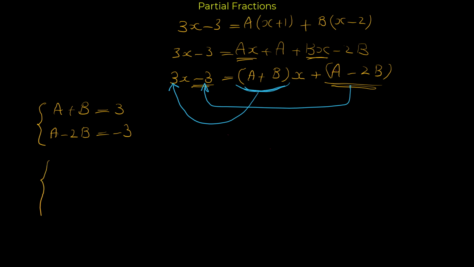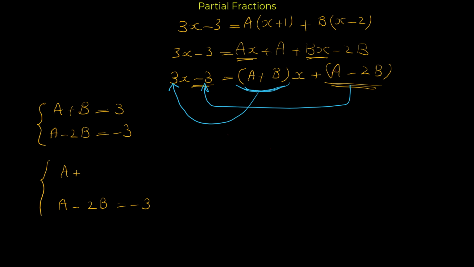For that, I am going to write the second equation again, and I am going to multiply the first equation by 2. So I am going to multiply the left side and the right side by 2.